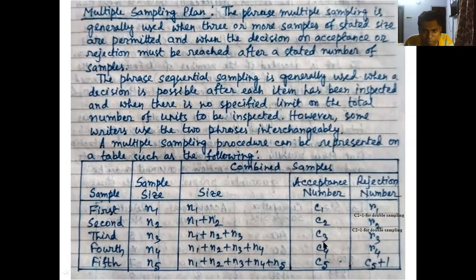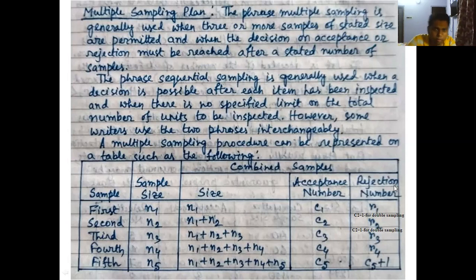But if it is within C3 and R3, then you will do the fourth sampling, and so on. In this way, you will proceed. Now, here one interesting thing to be noticed: how can you think of this procedure in terms of the double sampling plan? You have seen that in the double sampling plan there was no rejection number.